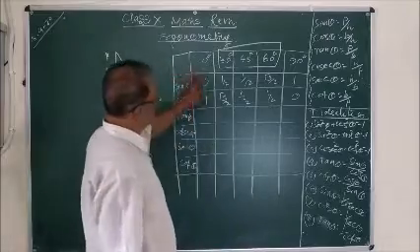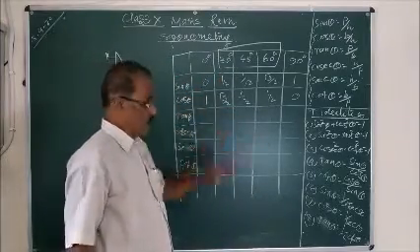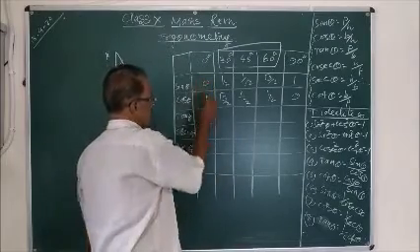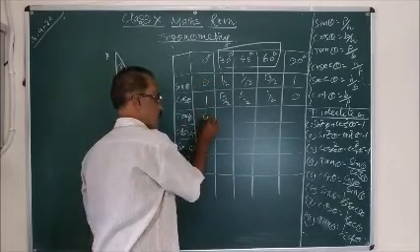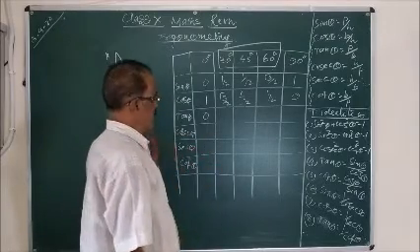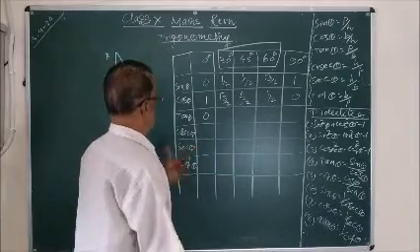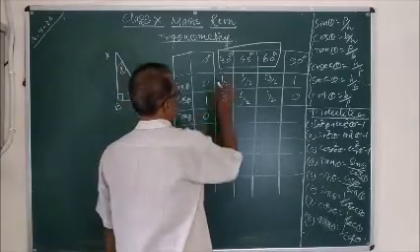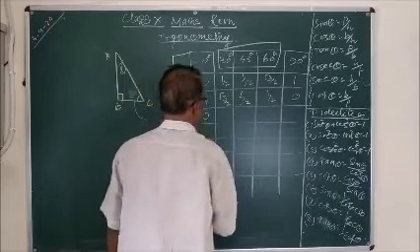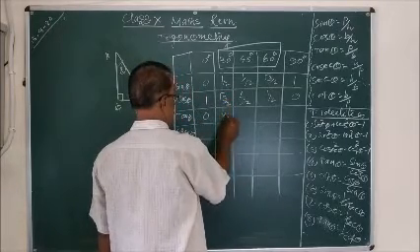If you know these values, tan is equal to sine by cos, you know the identity. So 0 by 1 means what will it be? 0. If the numerator is 0 and the denominator is any number, that will be 0. Tan 30, this by this, 2 cancels, 1 by root 3.